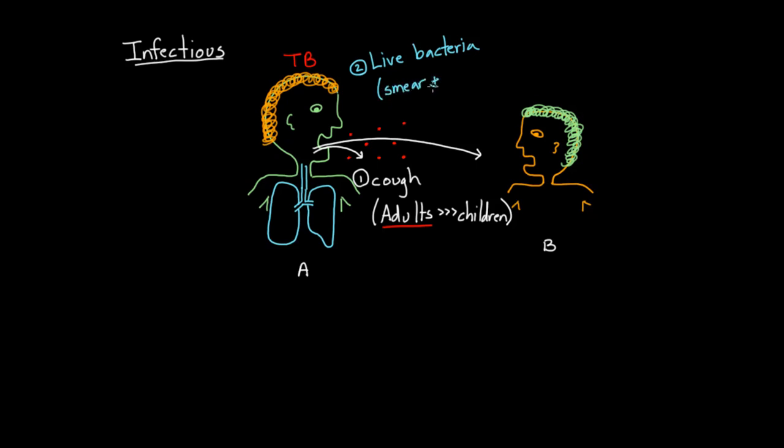And that literally means you smear out the mucus and you look with a microscope, and you can literally see the TB bacteria. You could also do a culture and see if you can actually grow the bacteria. So if you can see the bacteria or grow the bacteria, that's a good indication that there's live TB bacteria there, and that's obviously going to make the person more infectious as well.